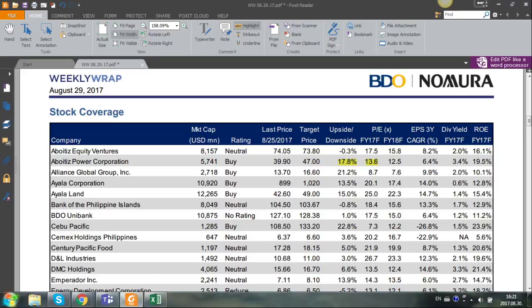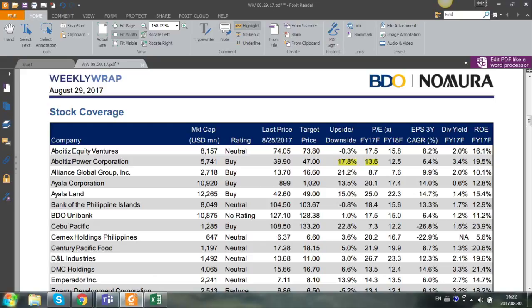This is the EPS, the earning per share within 3 years. So, the average. So, 6.4% earnings per share. Yung dividend yield, how effective they are in releasing dividends. And this is the return on equity.